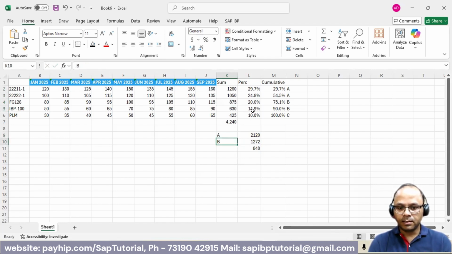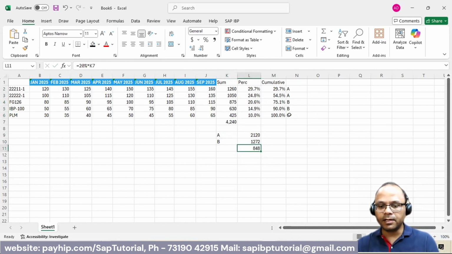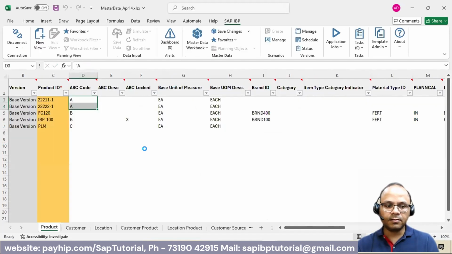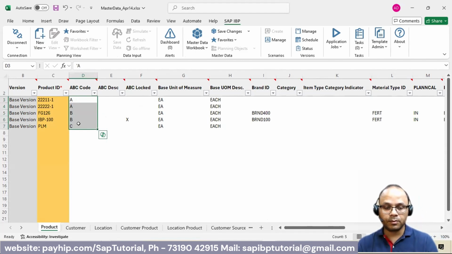That's why these two products are classified under B. And then this is 848, and 425 is less than 848, so this is identified as the C product. So that's how we demonstrated that we can use the product group.